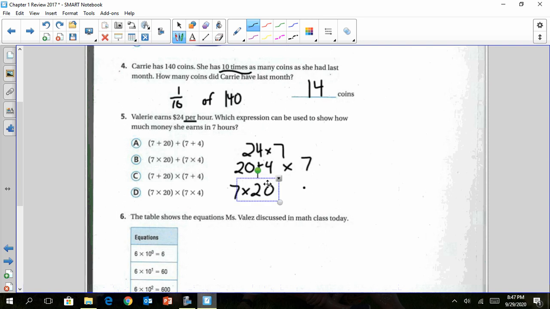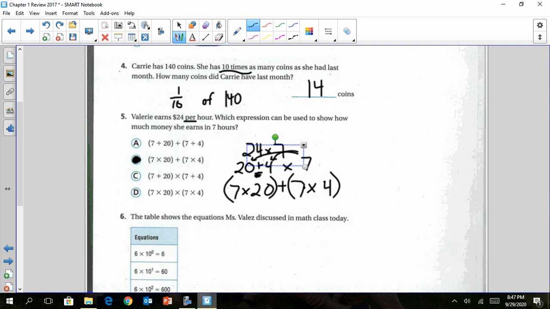And then we're going to multiply the other part, 7 times 4. And when we're done, we want to add those two answers together. So distributive property is break it apart into two numbers that add up to it, and then multiply the single digit number by each of those. So 7 times 20, 7 times 4, and then you add those answers together. The correct answer would be B.